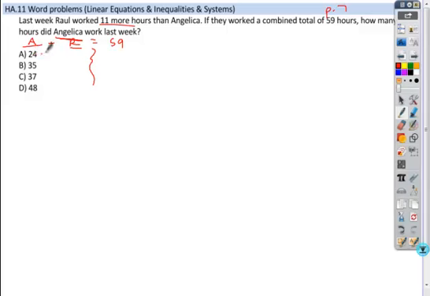So if I took 11 more than 24, I'd get 35. If I took 11 more than 35, I get 46. 11 more than 38 is 48, and 11 more than 49 is 59. So if I combine these sets, what I'm looking for is which one gives me a total sum of 59, and the answer is 24 plus 35, right? So I know that those are my solutions.